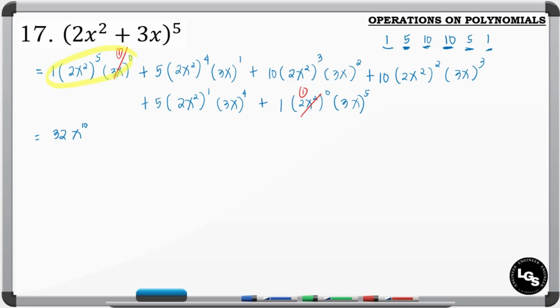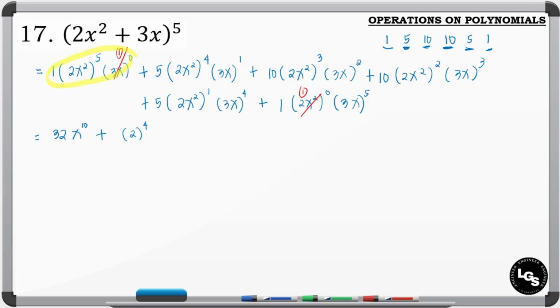we have plus, so 2 raised to 4. I'll be writing it one by one na lang. So 2 raised to 4 times 5 times 3.